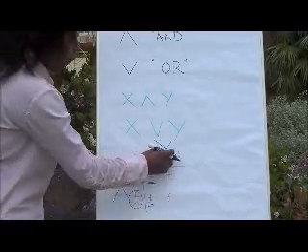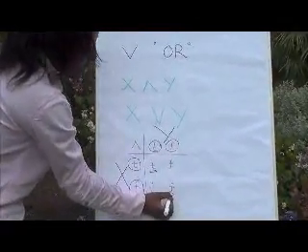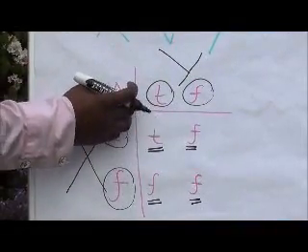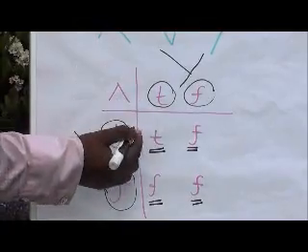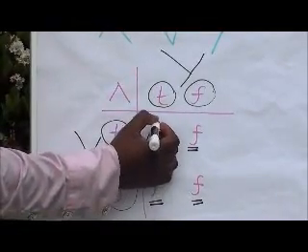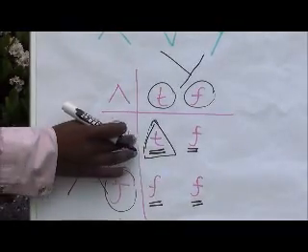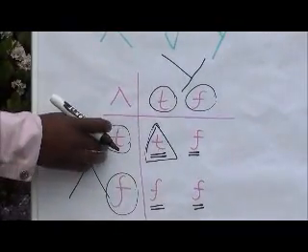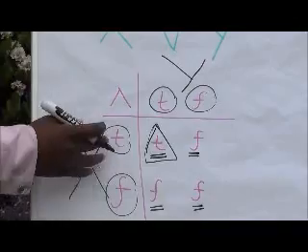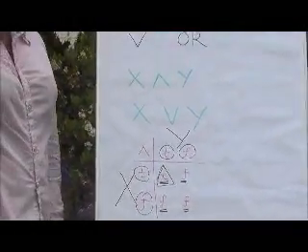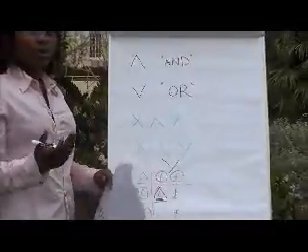False and false gives us a false. So therefore, we can establish that when it comes to the logical connective and, it is only true when we meet this condition. And this condition happens when we have a true and a true. That is the only time that any expression that has the and logical connective is true. So we now want to derive what happens with the logical connective or.